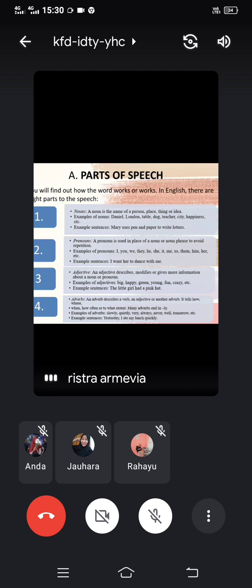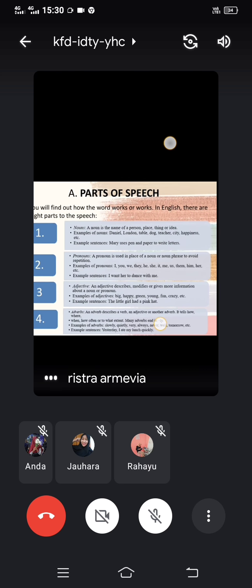A pronoun is used in place of a noun or noun phrase to avoid repetition. Examples of pronouns: I, you, we, they, he, she, it, me, us, them, him, her. Example sentence: I want her to dance with me.